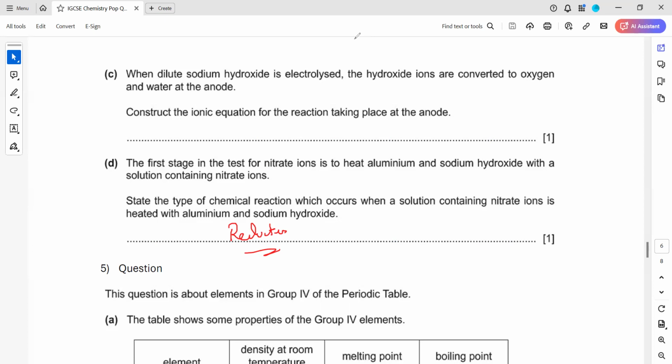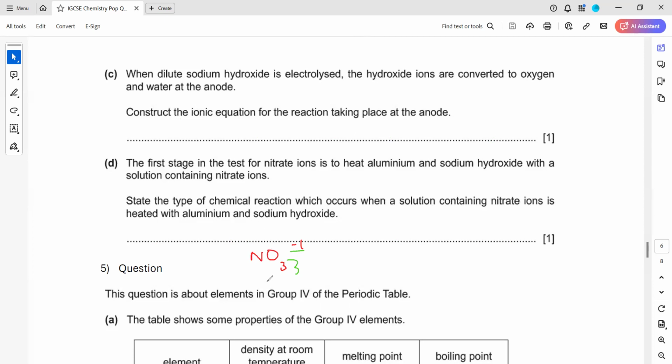Look, if you remember, when we are testing a nitrate ion, what is the valency of nitrogen in the nitrate ion? I mean the nitrogen oxidation number.